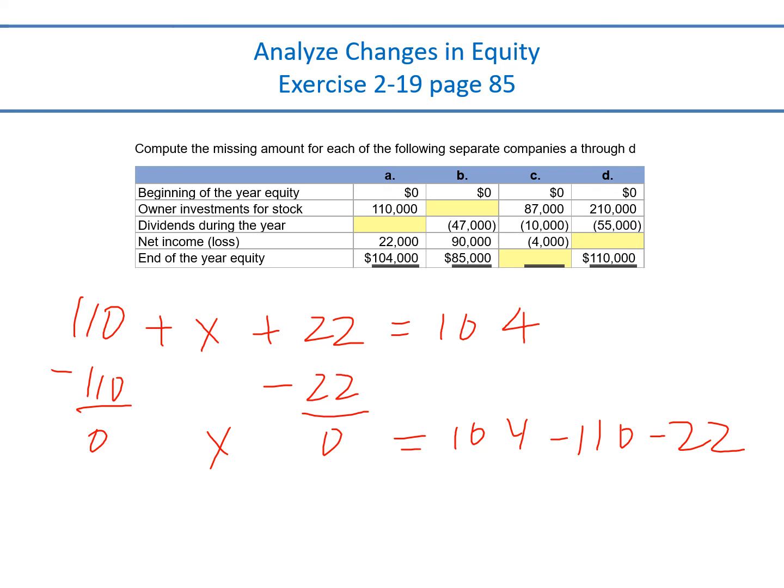I'm using a calculator here. So this must mean that we paid dividends of $28,000 during the year.